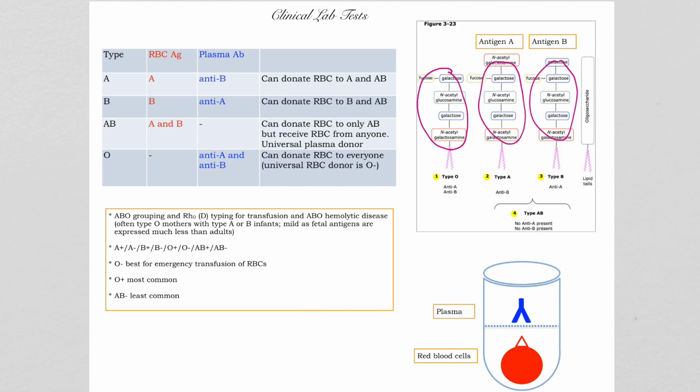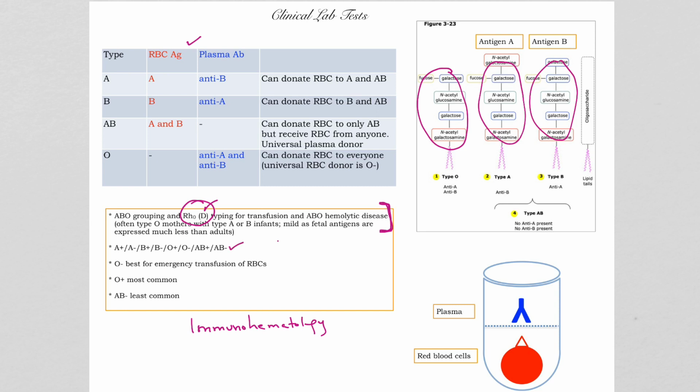So we have to do blood typing, and that is done in the immunohematology lab. We'll talk about the other antigens such as the D antigen or the Rh0 in some other videos. But this is very important. The blood has to be typed to make sure that the blood is compatible from the donor to the host.